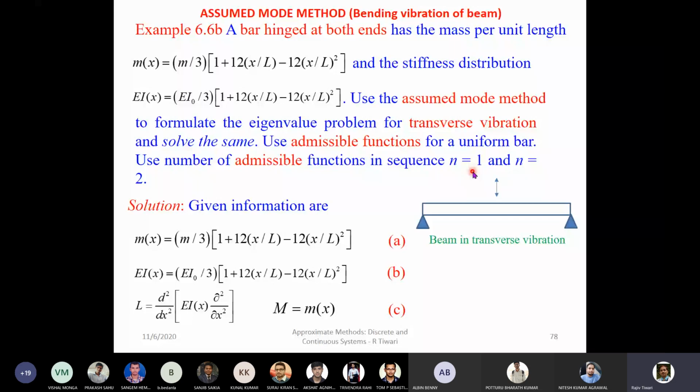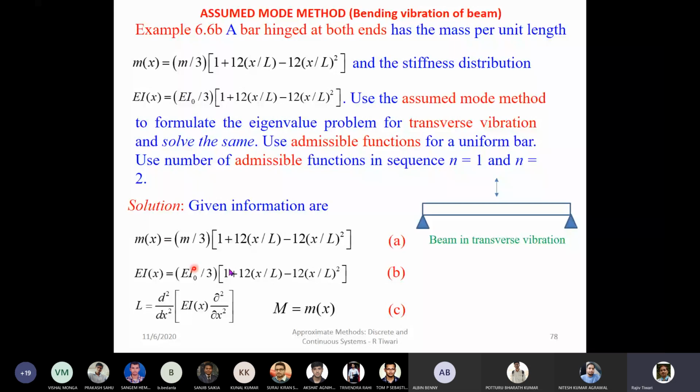One is one admissible function in the series form. Then I'll take two terms, so that I get two natural frequencies. If I take only one, then I'll get only one natural frequency. Just for comparison, if we take more and more terms, how our natural frequency is estimated more accurately, that I want to illustrate in this example.